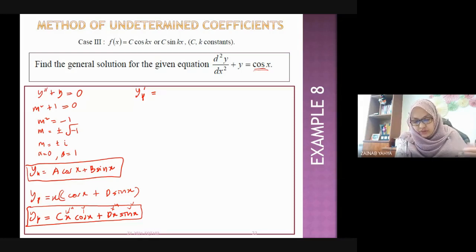So the first one we will get C cos x minus C x sin x plus D sin x plus D x cos x.